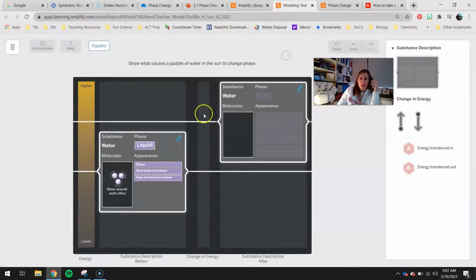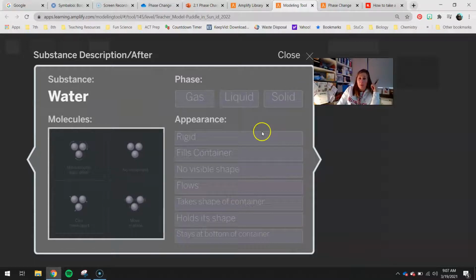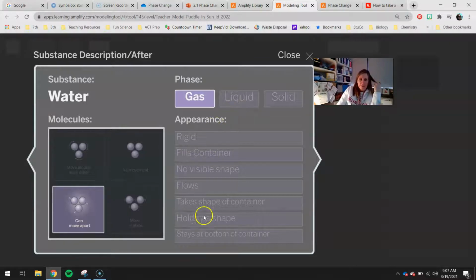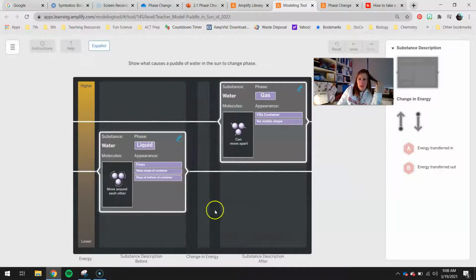Then I hit close, and you'll see that information get transferred onto this modeling tool. Then we model that same puddle after it's been heated up in the sun and turns into a gas. Those molecules are moving apart from each other. Gas has no visible shape, and it fills its container. So that's what we need for a gas.